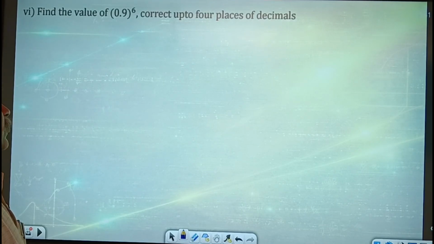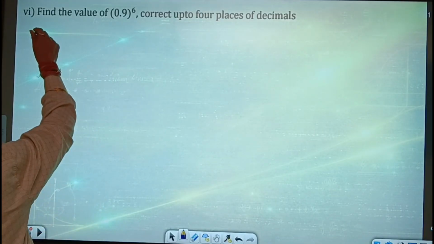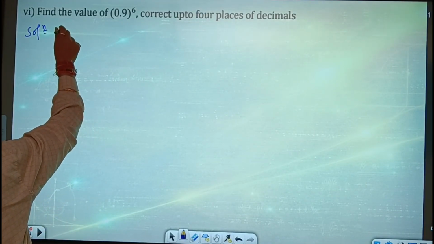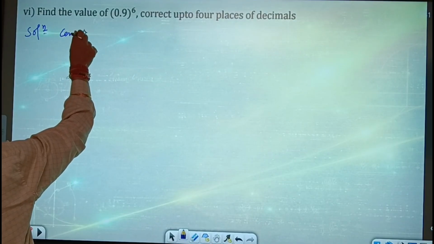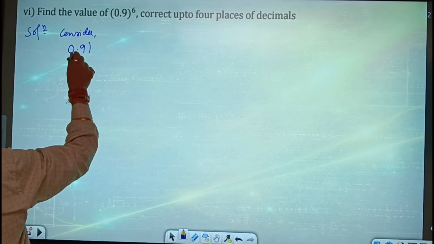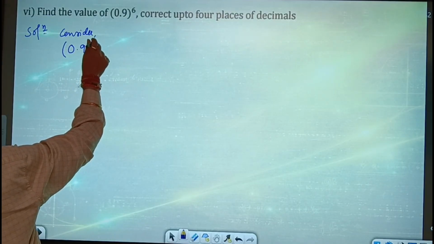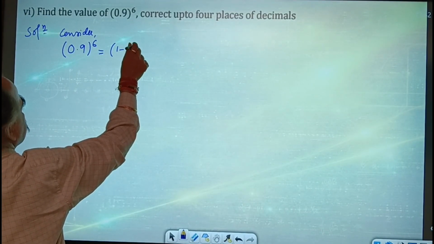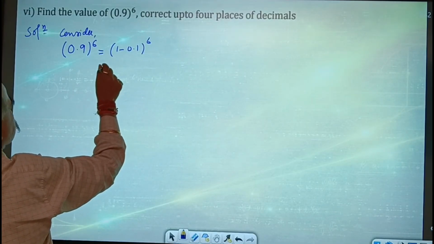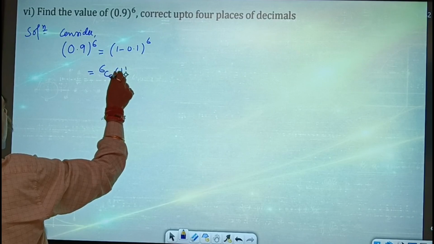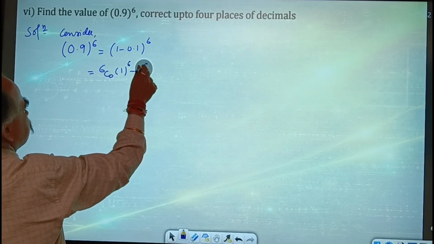Find the value of 0.9 raised to 6 correct up to 4 places of decimal. Consider 0.9 raised to 6, which is 1 minus 0.1 raised to 6. 6C0 1 raised to 6 minus 6C1.